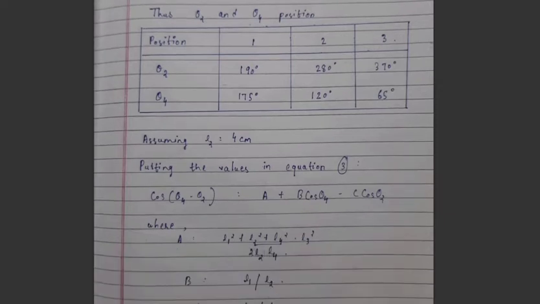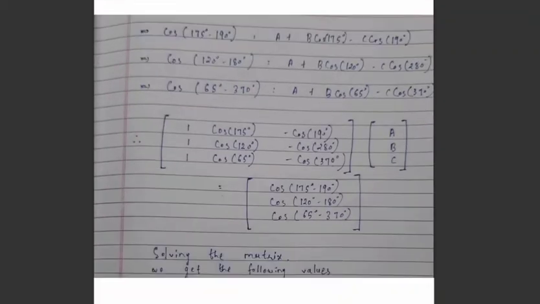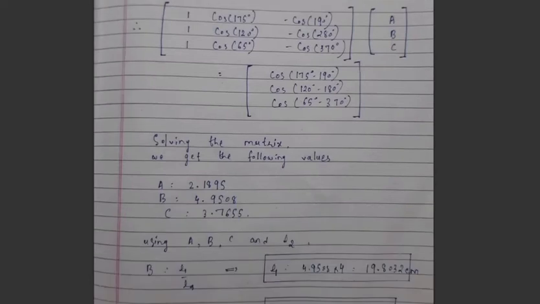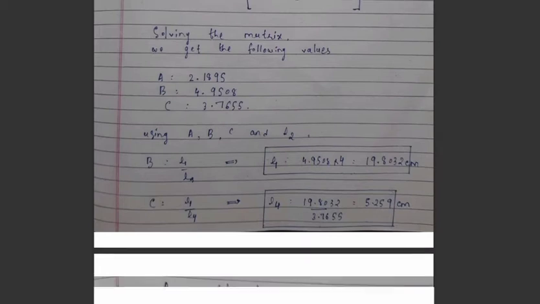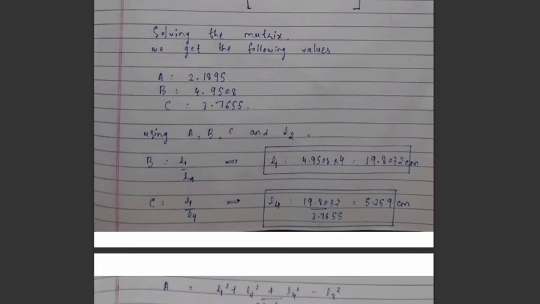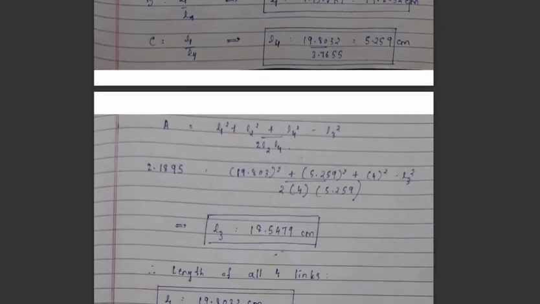Now we can solve that equation. After putting values and getting the matrix, we solved it. After solving, we got the values of A, B, C. Using A, B, C, we can find L1, L3 and L4. And we assumed L2 as 4 initially.